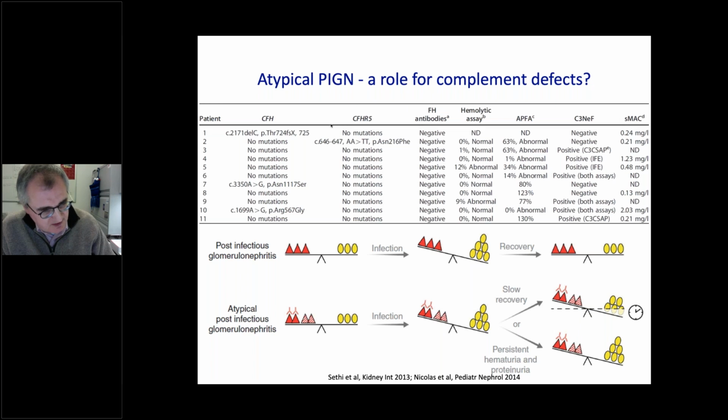I don't think we have an answer how to predict this with certainty at the beginning. We have done an analysis of our own patients at the kids, and what we found is that the C3 levels in the true infection-related GNs were lower than in the C3G patients.